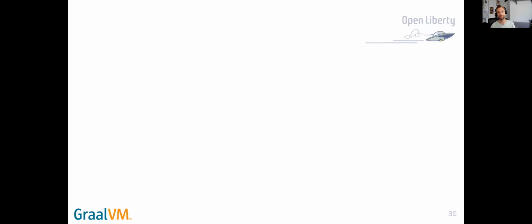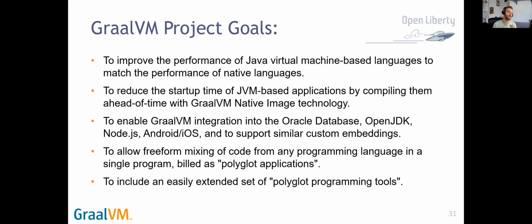So the goals of this project were really to improve the performance of Java virtual machine-based languages to match performance of native languages. It was also to reduce the startup time of JVM-based applications by compiling them ahead of time. To enable things like Graal VM integration with Oracle database and all different databases, Node.js, Android, etc. Mixing code in polyglot programming languages, because it doesn't always make sense to use the same language for every project you're doing.